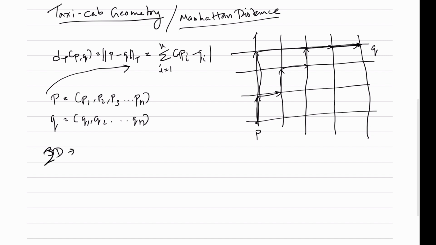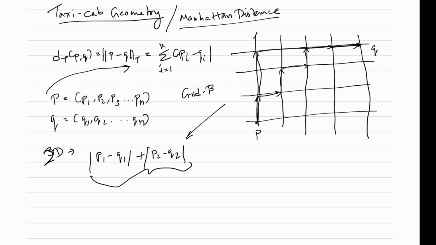in a taxi cab situation, let's say in a two-dimensional format, it can be simply written as the absolute value of P1 minus Q1 plus the absolute value of P2 minus Q2. So that's just a simple formula in a Cartesian coordinate space. So that's why it makes it much simpler. Now the usage of this is definitely in a grid-based system, right?